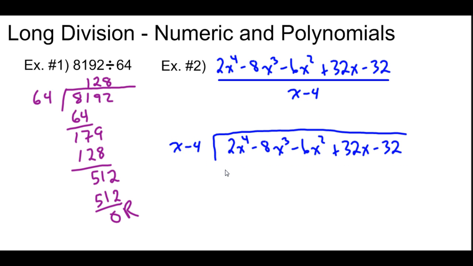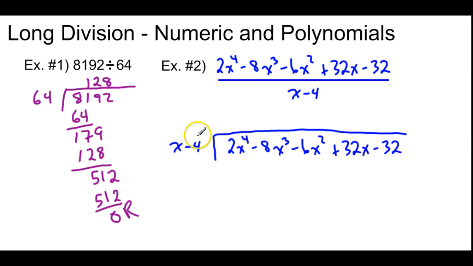And now the question is exactly as it was before. We're looking to focus on the term with the larger degree. Here 60 was more important than the 4. Here x is more important than the negative 4.